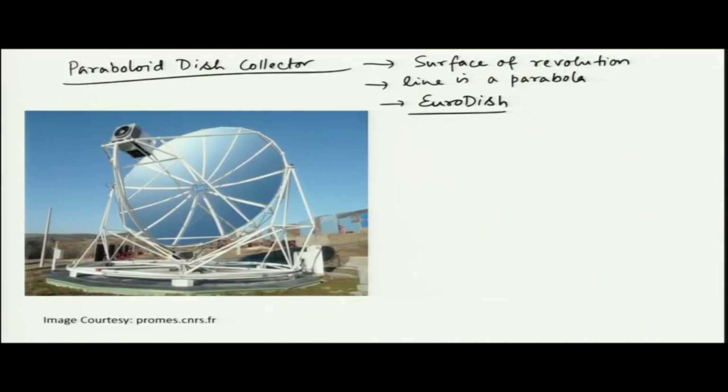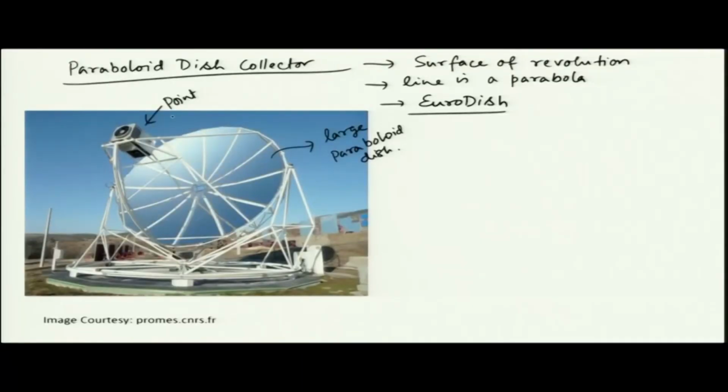You can see that this is a large paraboloid dish, and you are concentrating at a small area. In principle you are concentrating at a point, but in practice you have the limitation that you need a significant amount of area. So, you can say this is where the point concentration is happening.